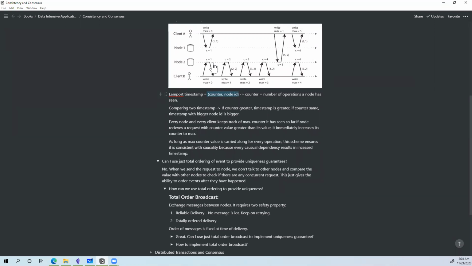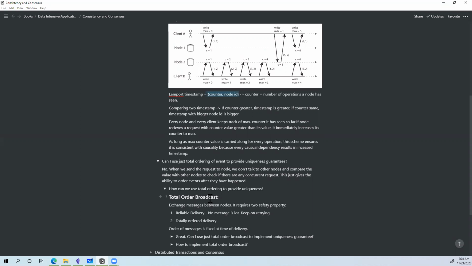In total order broadcast, we are not just having the order of the events, but we are also broadcasting that order of the events to all these nodes, right? Basically, total order broadcast is exchanging messages between nodes, and the algorithm should satisfy two safety properties. One is reliable delivery.